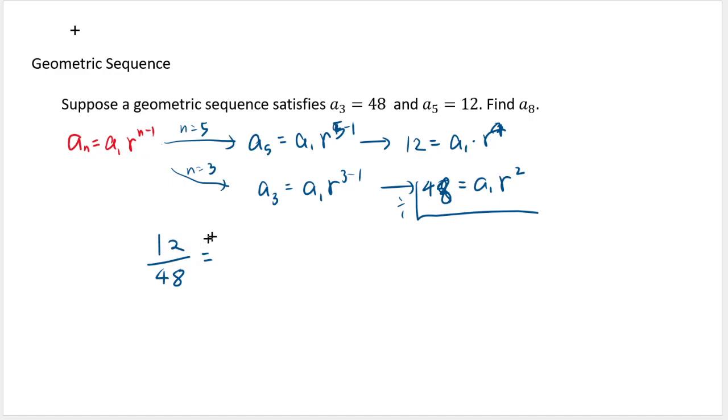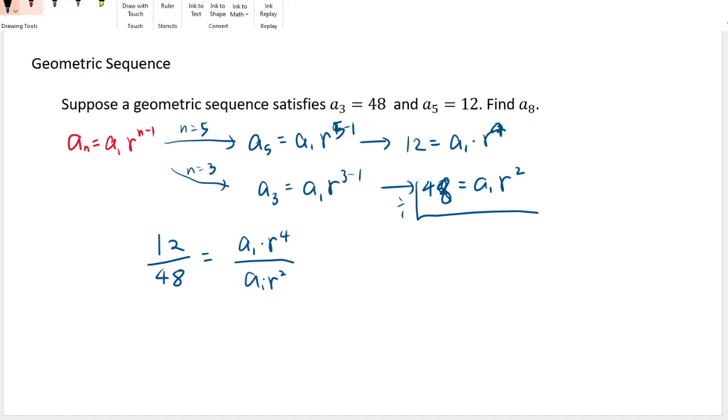We know that 12 is the same as a1 times r to the 4th. And in mathematics, if two things are equal, we can always replace one by the other. So 12 is now replaced by a1 times r to the 4th, and 48 can also be replaced by a1 times r squared. And now you see why we wanted to divide, because then a1 is common top and bottom, which just cancels.